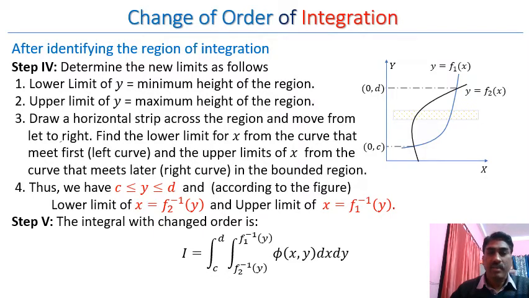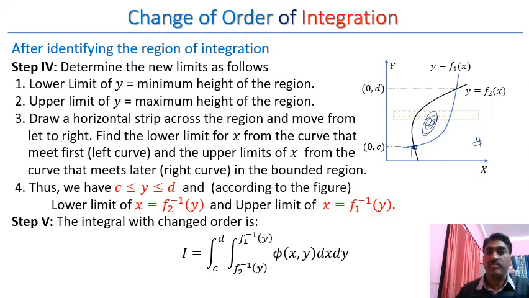Limit of y will be taken constant, and how will we take it? So the lower limit of y is the minimum height of the region. Suppose this is the curve, we have already drawn this. So if this is the bounded region of integration, then the minimum height is at this point. Below this point there is no region that we are interested to integrate on.